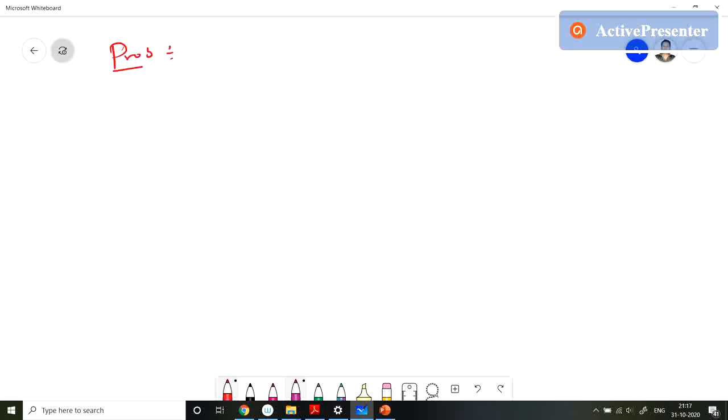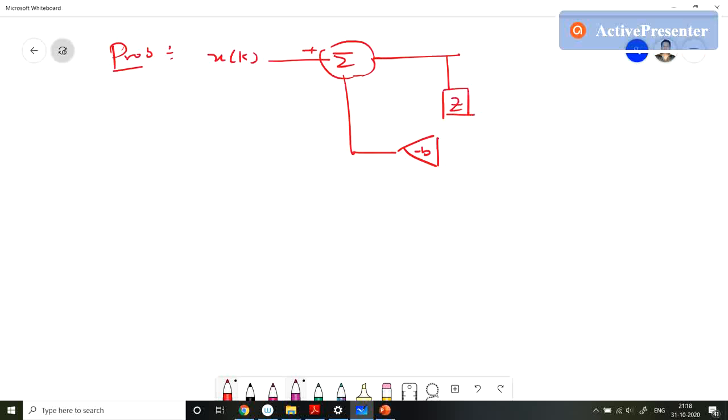Let us solve this problem. We have input x(k), and it is applied to a summer. So let us draw this diagram. This is minus b, and there is a delay, that is z inverse, the unit delay.